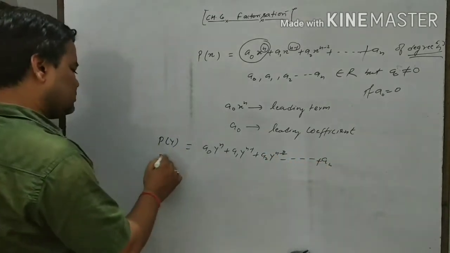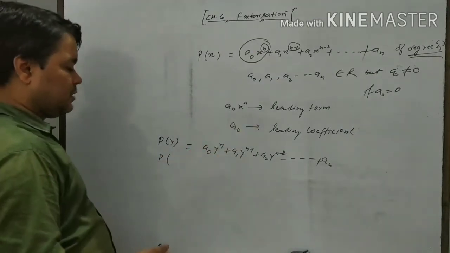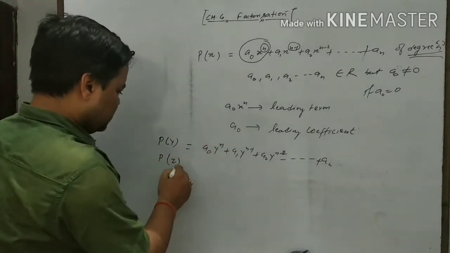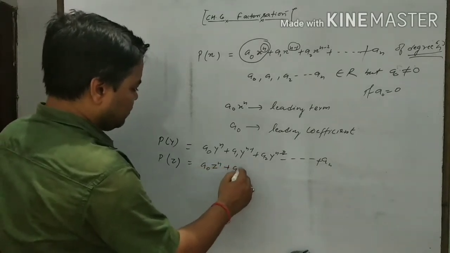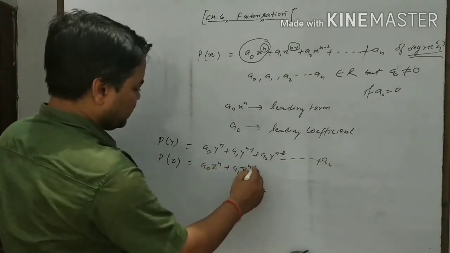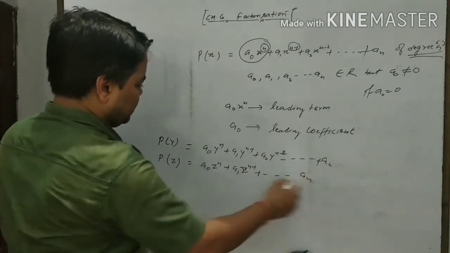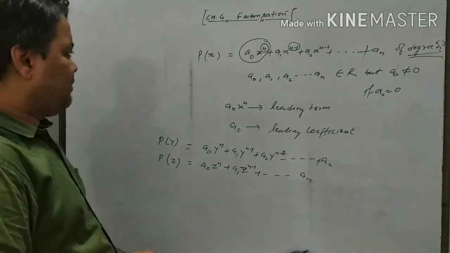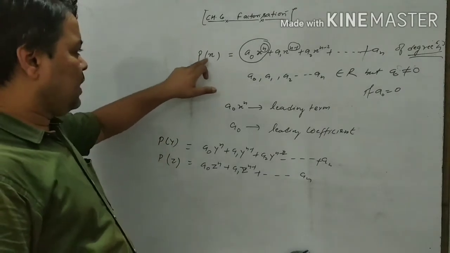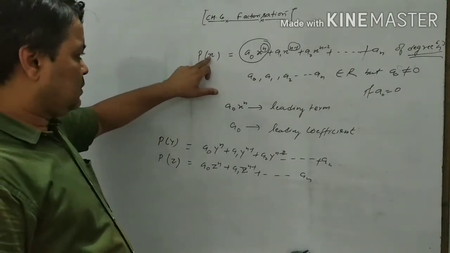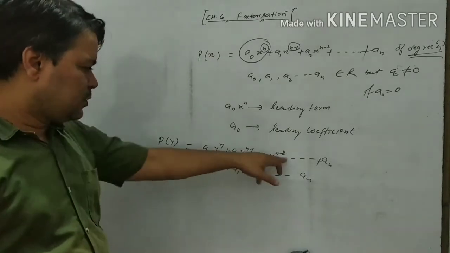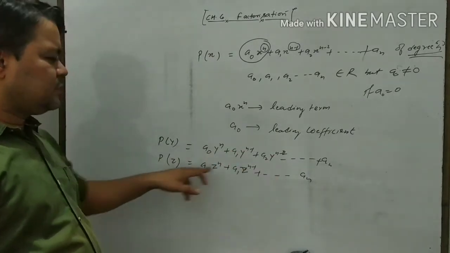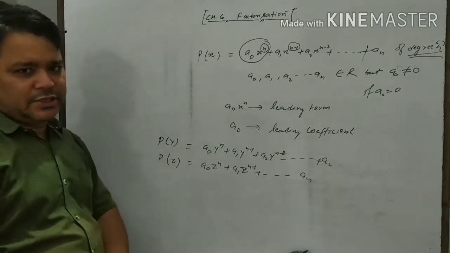Similarly, if the polynomial is in variable z, then it will be a0 z raised to the power n plus a1 z raised to the power n minus 1 plus, and so on. It means Px represents the polynomial in variable x, Py represents the polynomial in variable y, and Pz represents the polynomial in variable z.